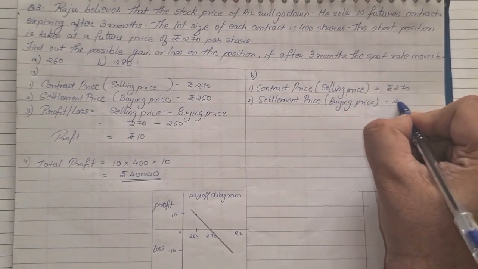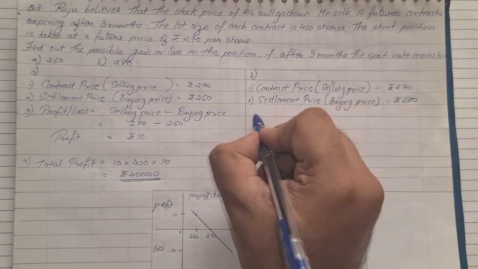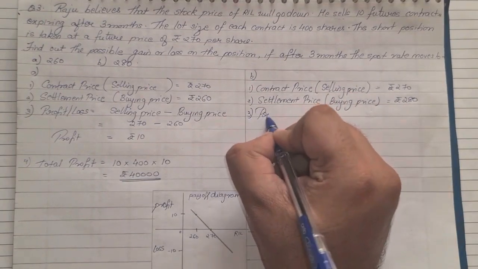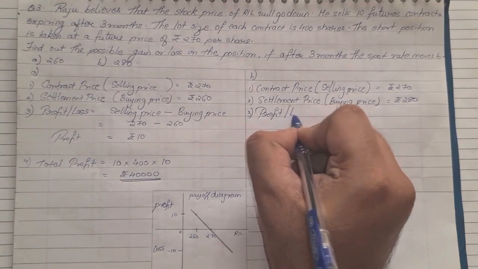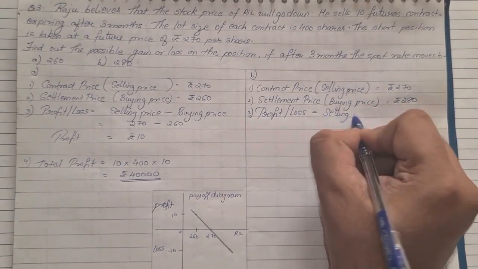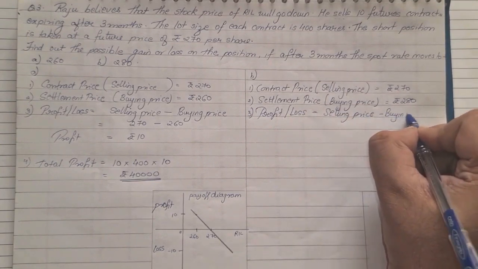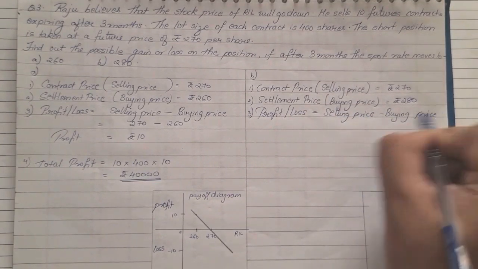So my buying price is rupees 280. So third point, profit or loss is equal to selling price minus buying price.